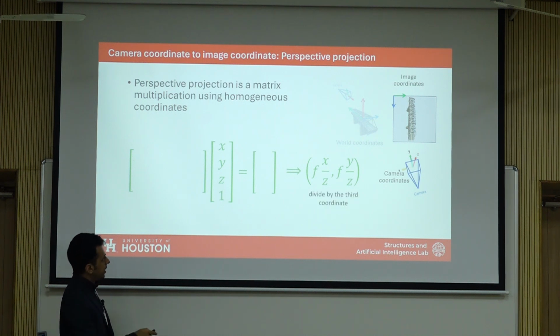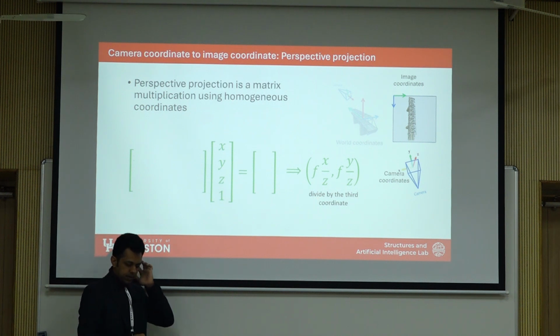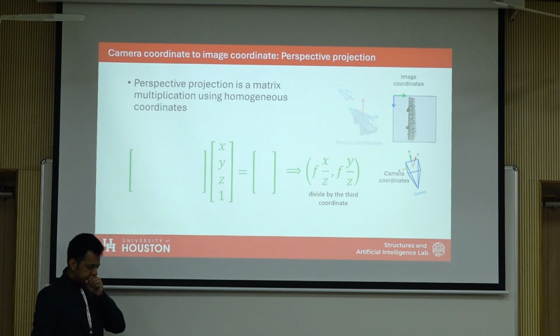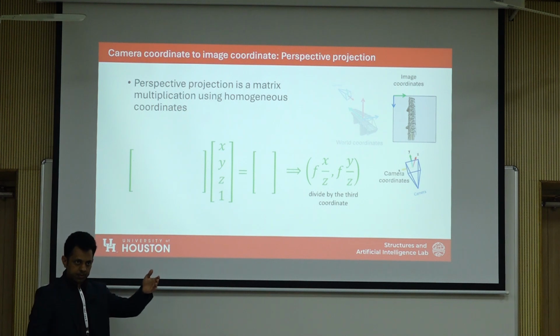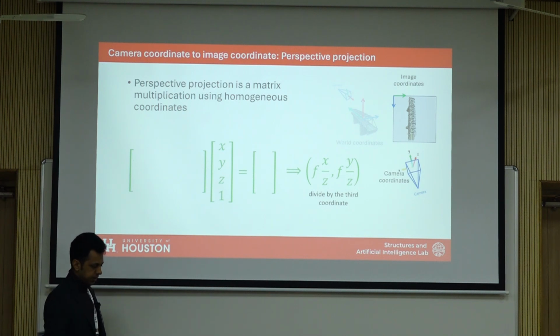So here we're dividing by the third coordinate, which is z, because farther points are going to appear smaller in the image, and we are scaling it by the focal length, because if the focal length is farther, then the object is going to look bigger in the image. And so the vector representation of this in homogeneous coordinates would be like so, right?